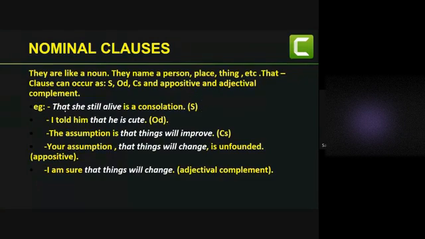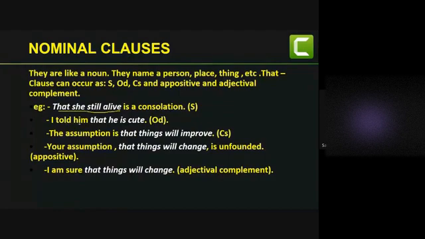Where is the subject of the sentence? It is that she is still alive. In form, it is a clause. In function, it is a nominal clause. Why do we call it a nominal clause? Because it names a person. It functions as a subject.